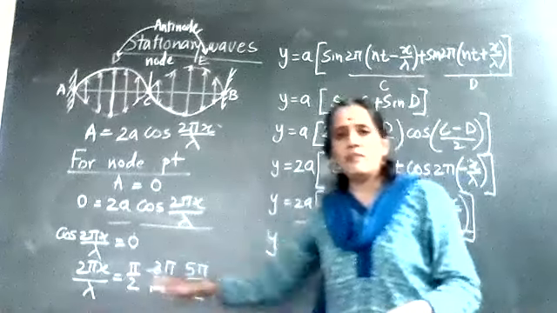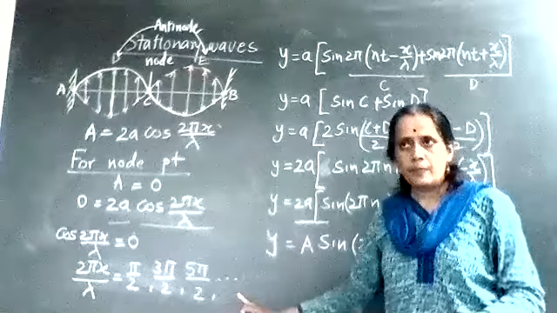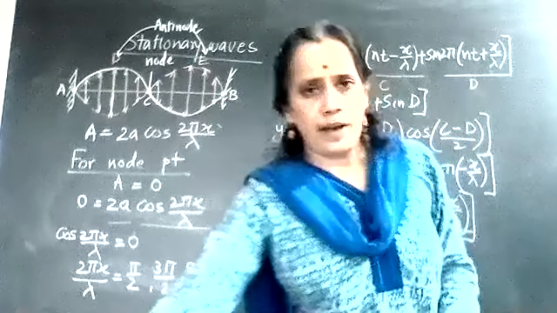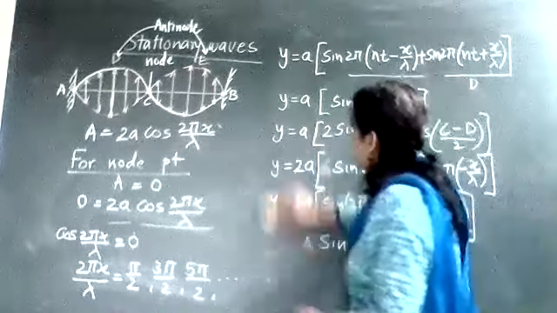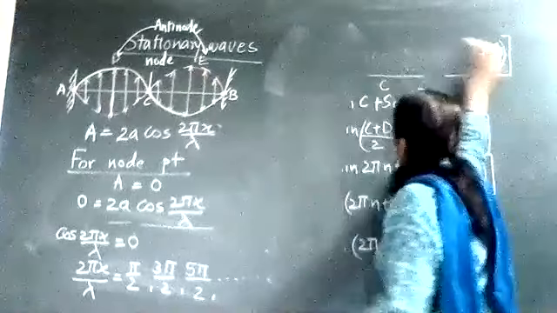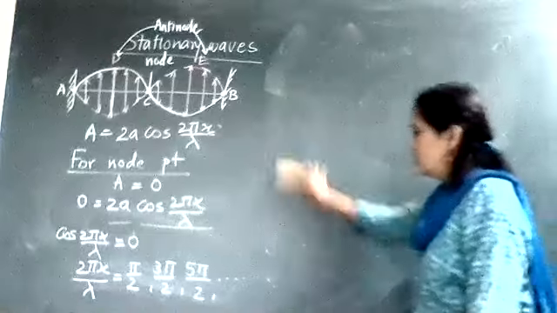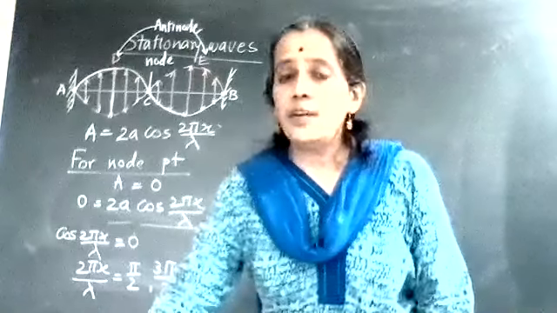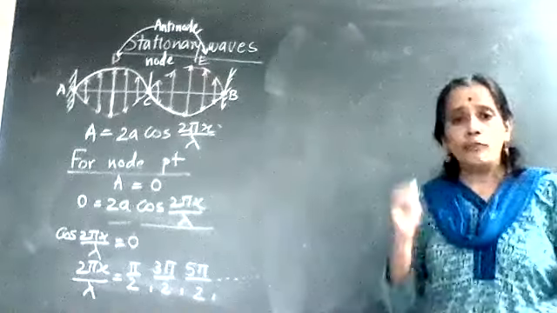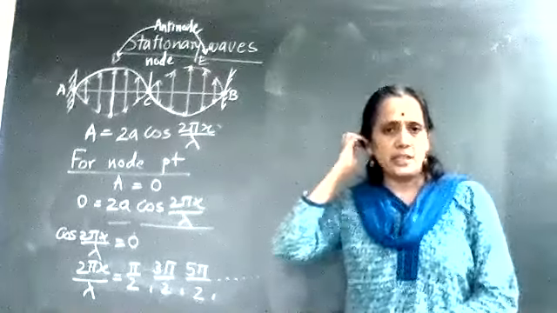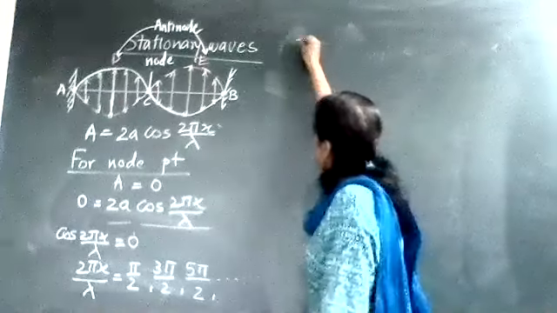So that angle value I can write down. And once I have written that value, from that I can find out the location of your node point, where displacement is 0.